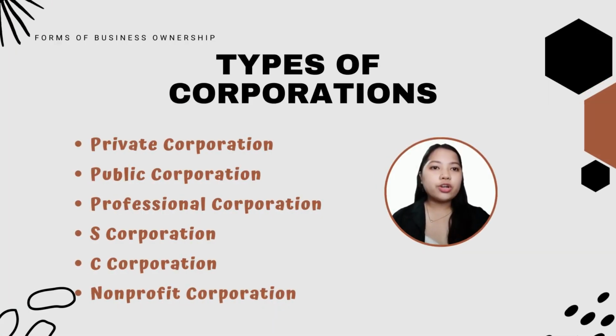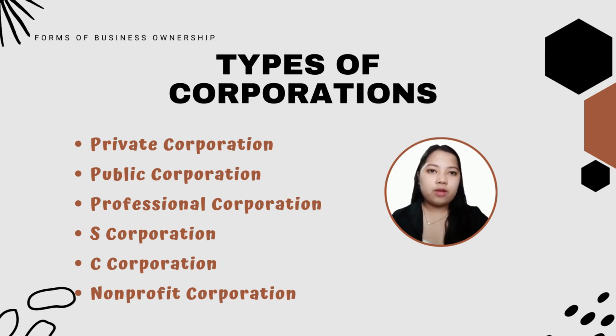Under corporation, we have different types. First is the private corporation. A private corporation has a small group of investors who are unable to sell their shares to the general public. Second is the public corporation, where it has registered its shares for sale with the Securities and Exchange Commission or SEC, and may also have listed its shares on a stock exchange, where they can be traded by the general public.